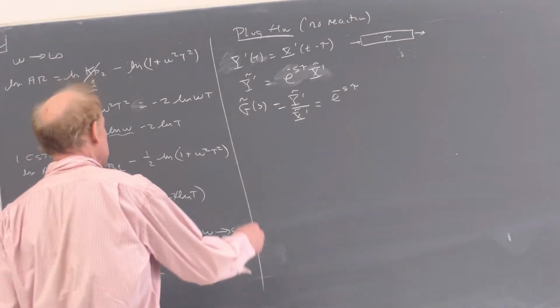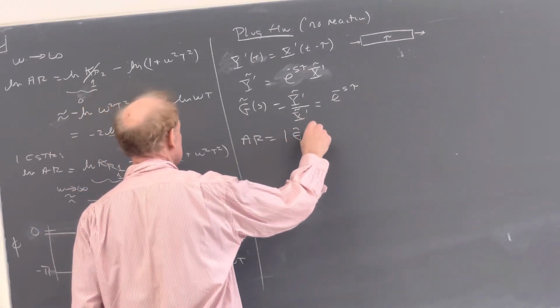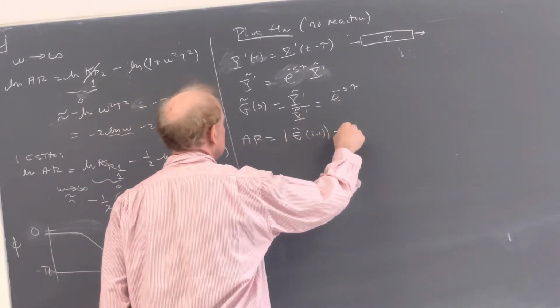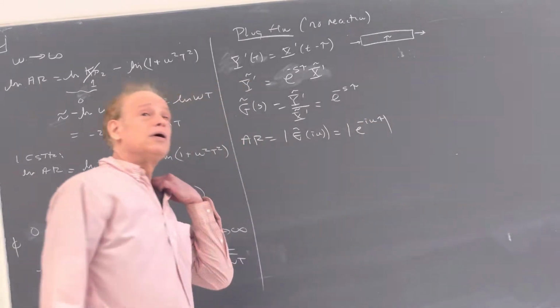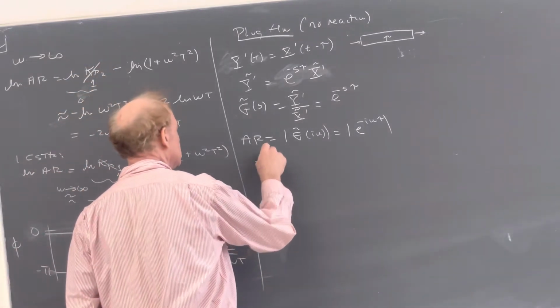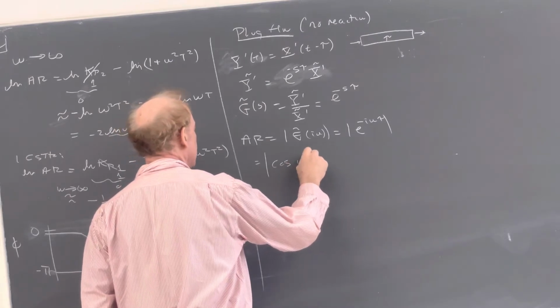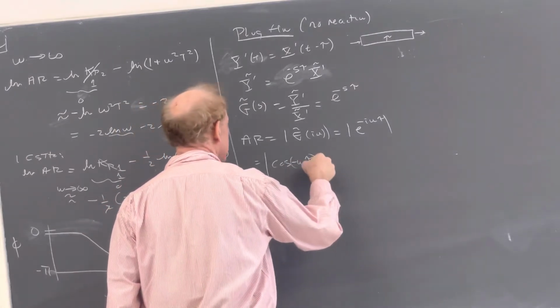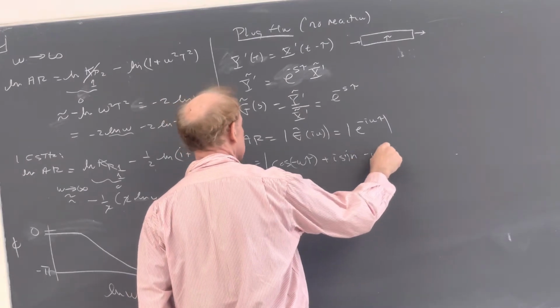So now let's calculate the amplitude ratio. The amplitude ratio is the magnitude of g tilde of i omega, which is the magnitude of e to the minus i omega tau. But we know that e to the minus i omega tau is cosine of minus omega tau plus i sine of minus omega tau.